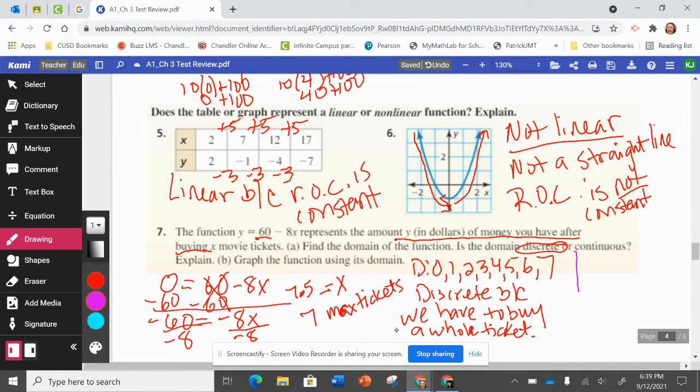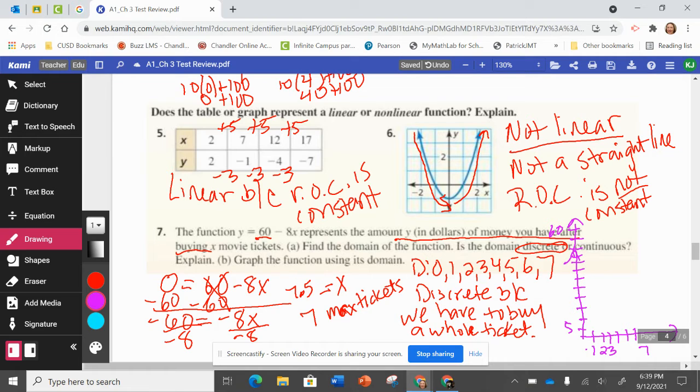So if I were to graph this, I'm going by 5s here, and by 1s on the x-axis for tickets.